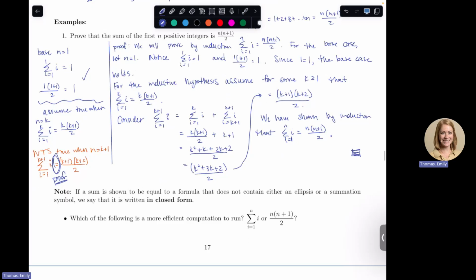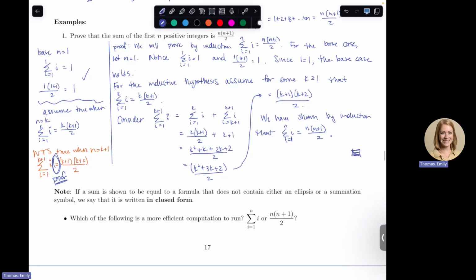So as far as computer programming goes, which of these would be more efficient for your program to run, which would take more memory, less memory, whatever. This would take more memory and more time to do than just this. So having a closed form of a summation is really good for us doing things by hand, but also for programs that are doing things not by hand.